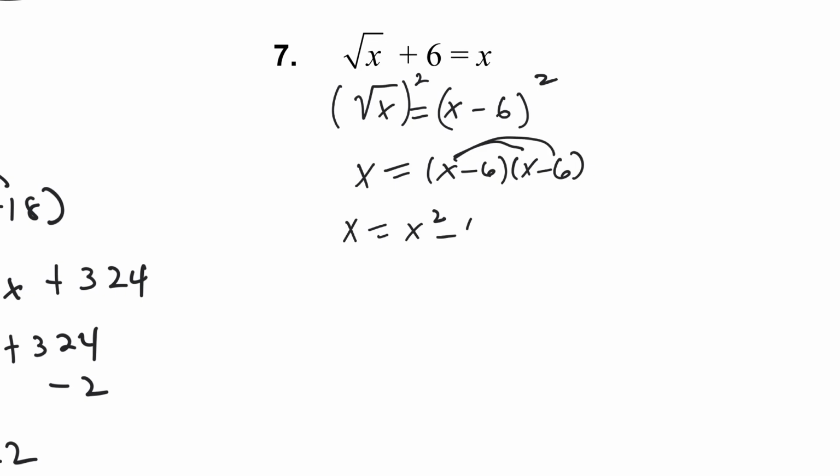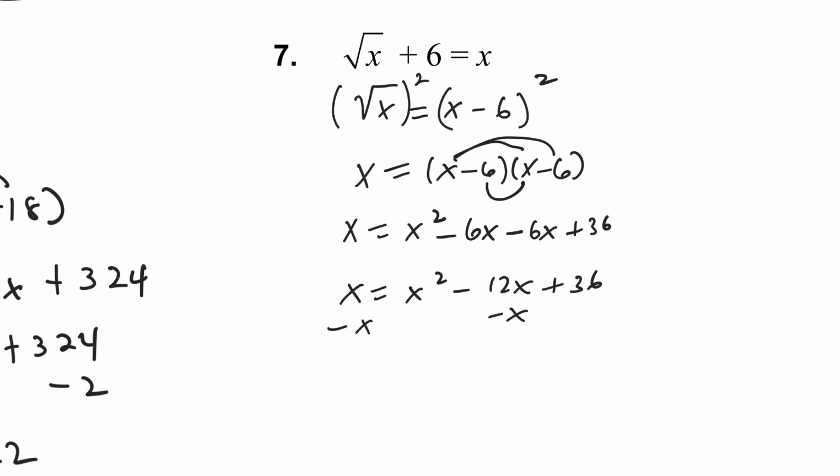X times negative 6 is negative 6x. Negative 6 times x is negative 6x, and then we have 36. So we have x is equal to x squared minus 12x plus 36. Subtract x. So you have x squared minus 13x plus 36.